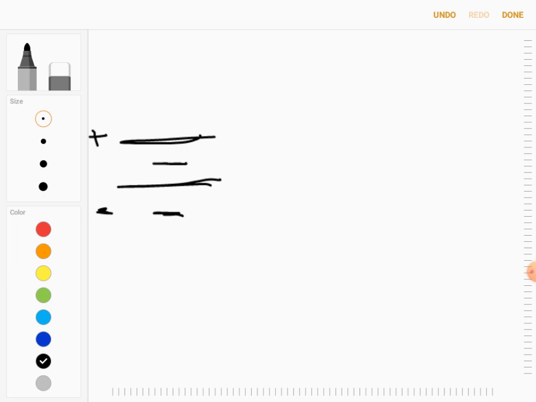Then the wire is just a straight line. You can just draw it like that. And then the resistor is going to look like this.